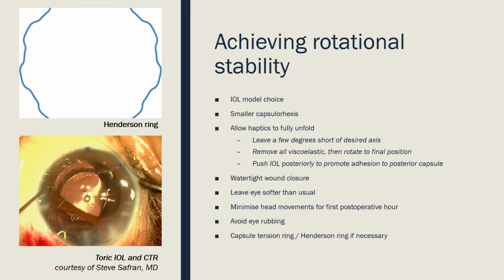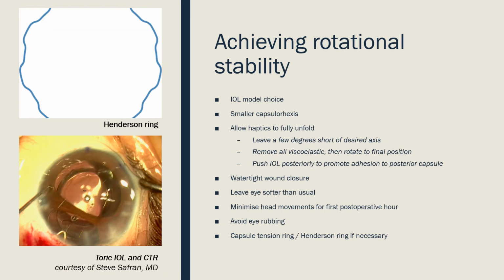So once the lens is in the correct position, I push down slightly to encourage it to adhere to the posterior capsule, and after this you of course need to ensure watertight wound closure, as if the AC flattens or shallows postoperatively, then this can cause the lens to rotate. Having said that, I do tend to leave the eye slightly softer than usual.